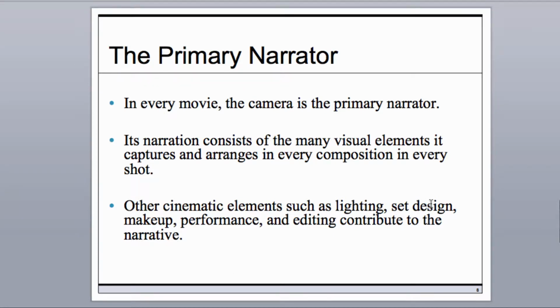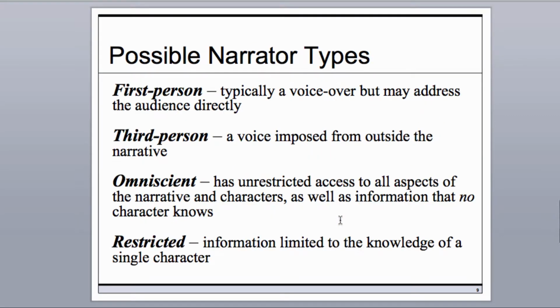So lighting, set design, makeup, performance, editing all contribute to the narrative. So once again, lighting of the shot, how the set is designed for the camera to capture the shot, the makeup used on the performers, actors, the performance itself, and editing all contribute to the narrative. Very important for you to think about as we move on.